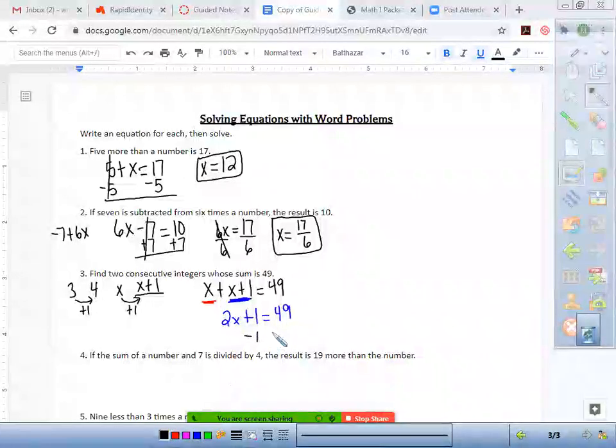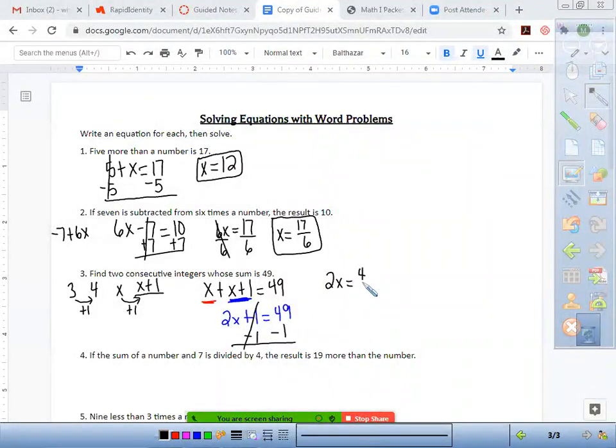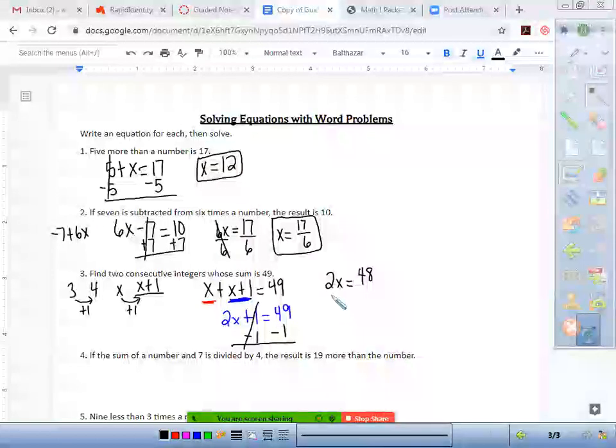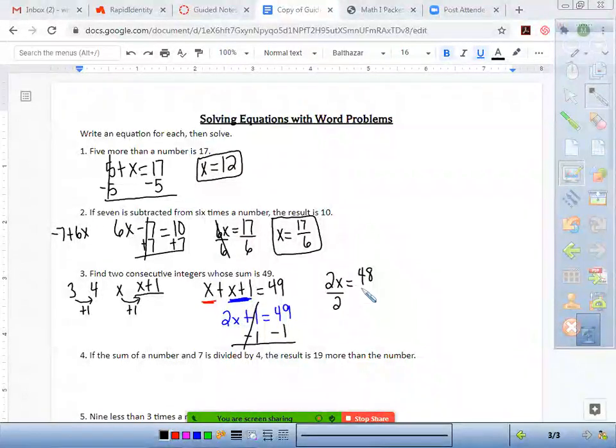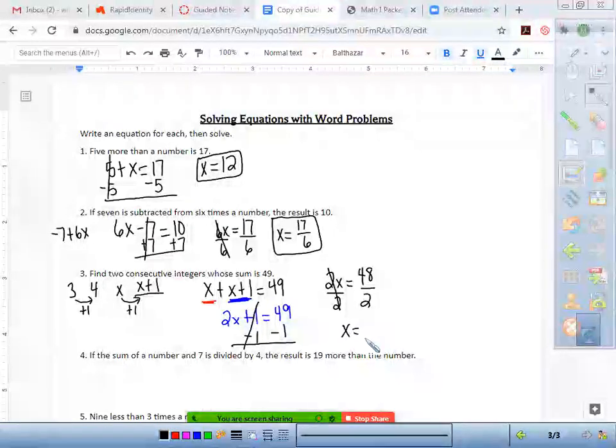Minus 1. So we're going to get 2x equals 48. Divide by 2. So x is 24.